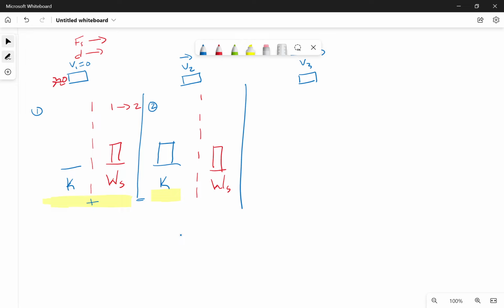And by the way, this was a step between steps 2 and 3. Now when I go to draw my energy bar chart for step 3, I'm going to add these two up to get the third one. And so I've added this much, and this is the same height, so I should have a kinetic energy bar that is twice the height.